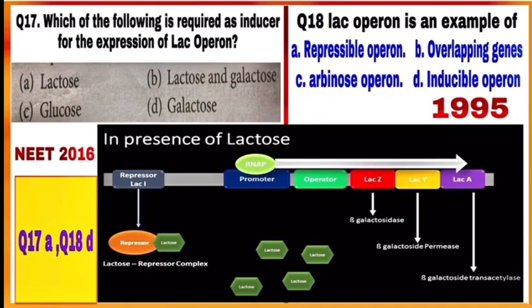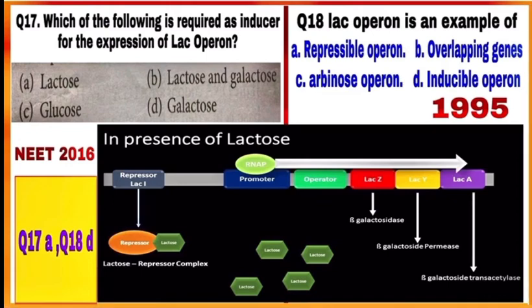Question number 17. Which of the following is required as inducer for the expression of lac operon? See the diagram. In lac operon, lactose is the inducer. It binds with the repressor protein formed by the I gene of the operon and inactivates it by forming a repressor-lactose complex.